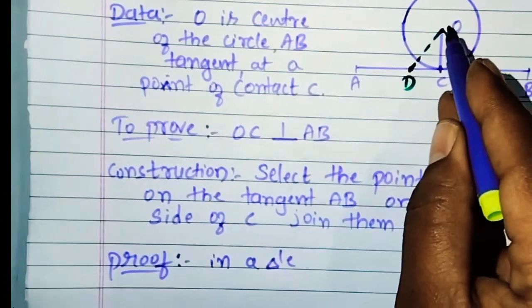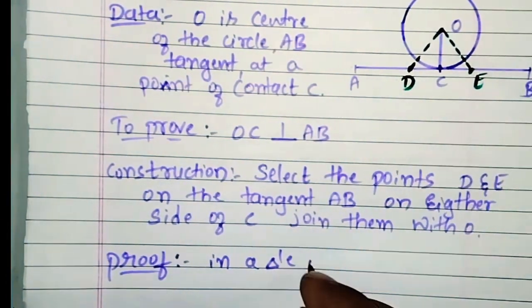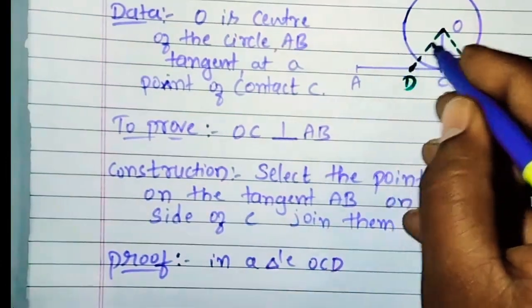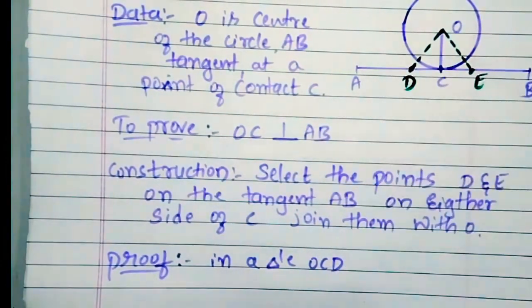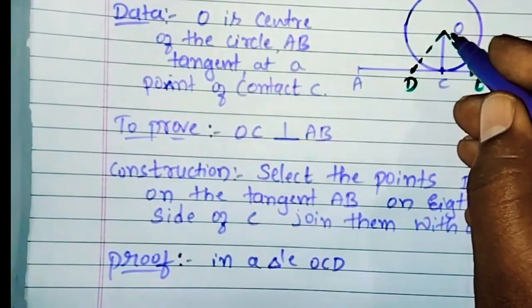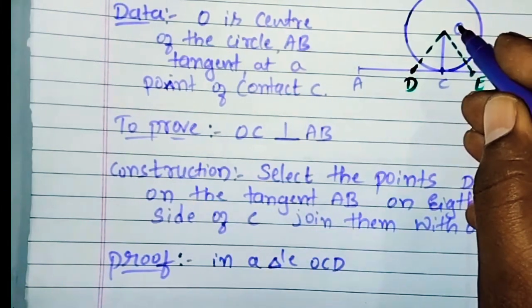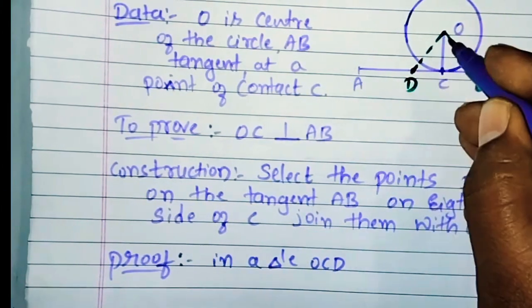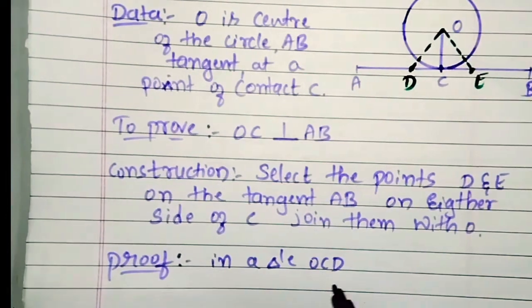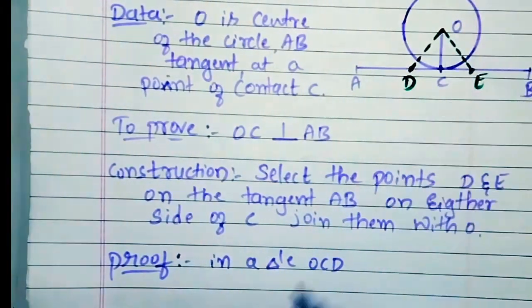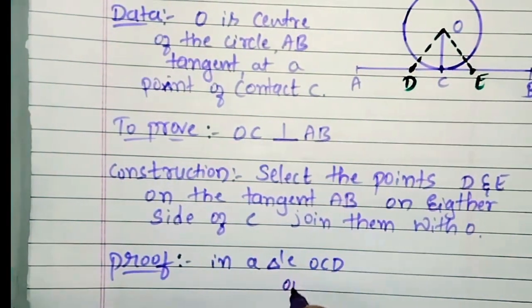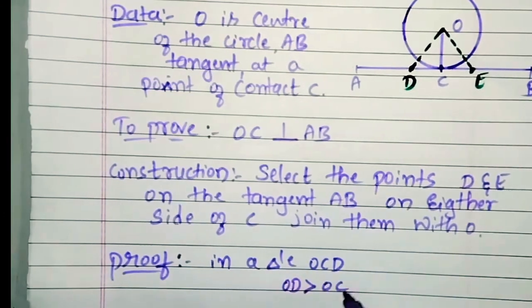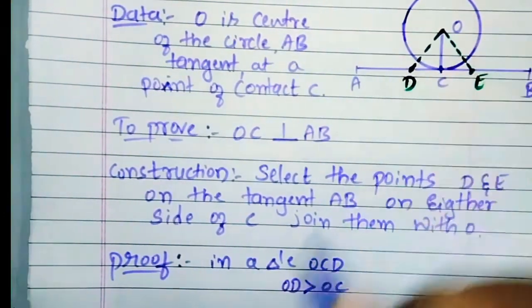OCD. Look here, OCD. Which one is greater? OD or OC? Yes, definitely OD is greater than OC. In the right triangle OCD, OD is greater than OC. Is it right? You are looking at that.